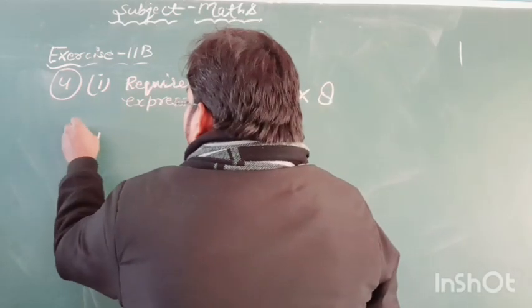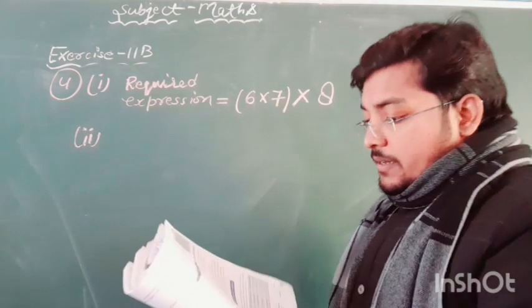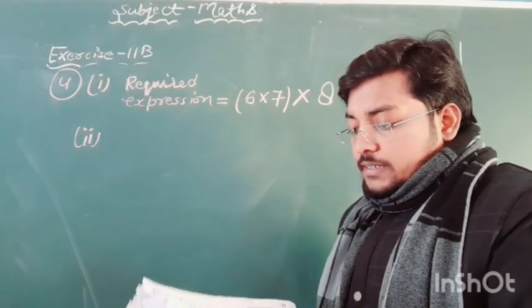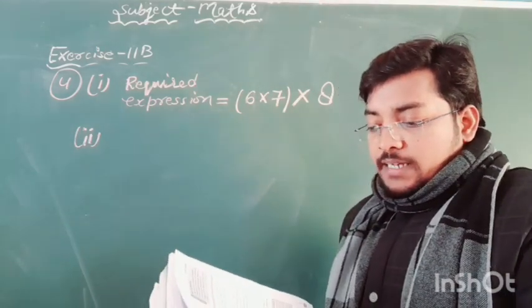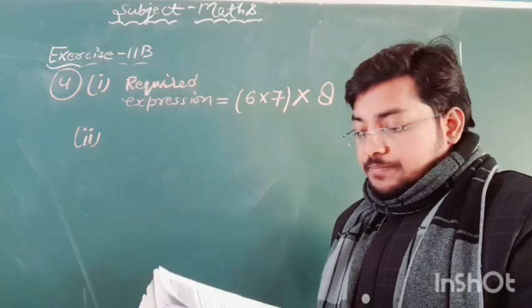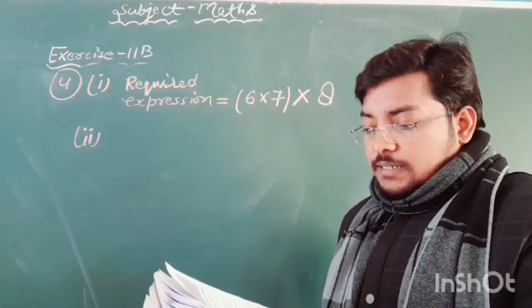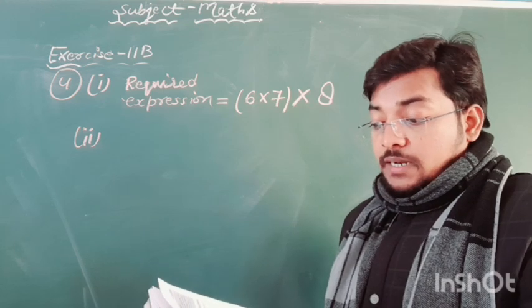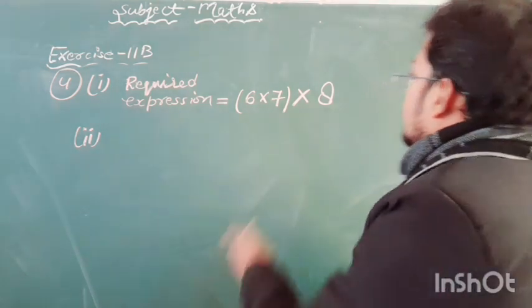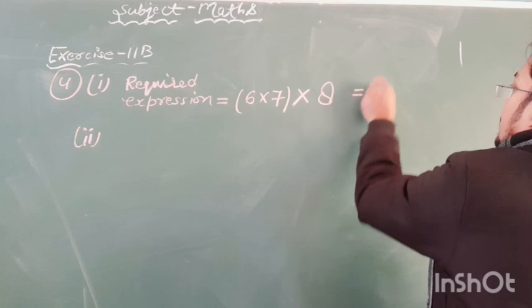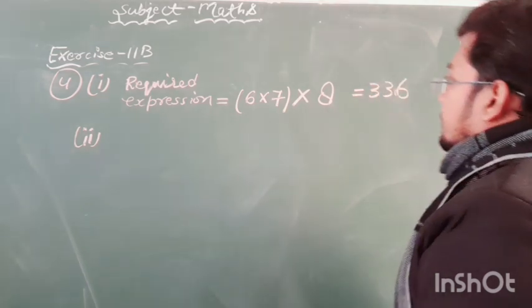And in the second, it says that we may first multiply 7 and 8 to get 56, and then multiply it by 6 to get product 336.